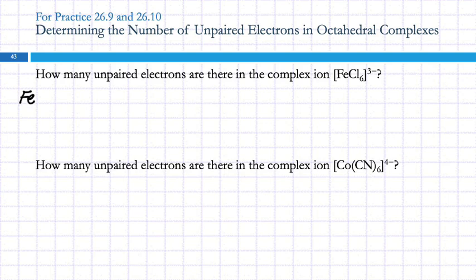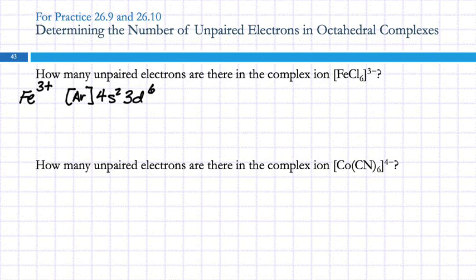So this is iron 3+. And so we need to look at the number of valence electrons. Iron is in the 4th period, so it's going to be argon, and then 4s2 and 3d6.